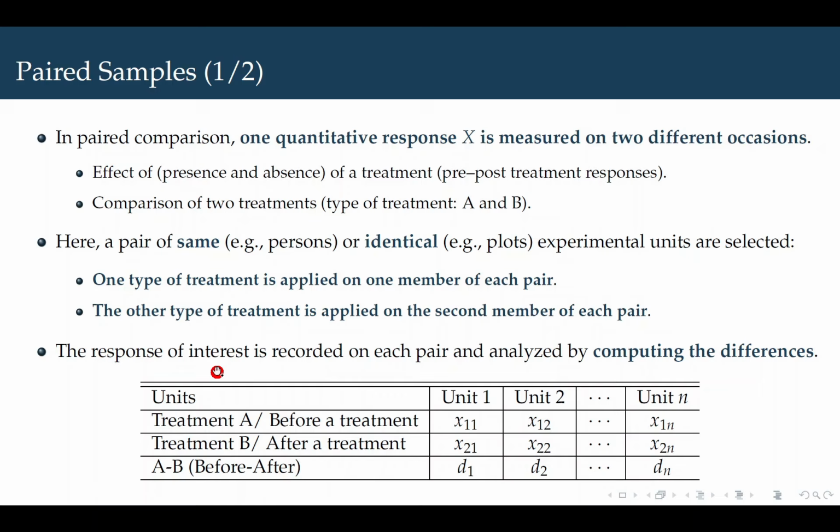So the response of interest is going to be recorded on each pair, and actually the analysis relies on the differences.